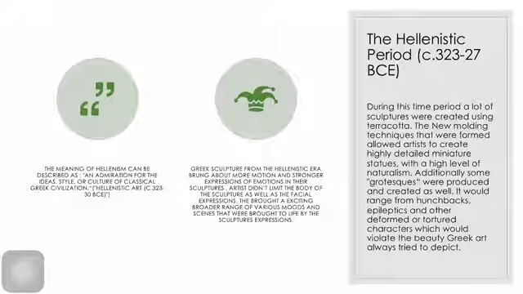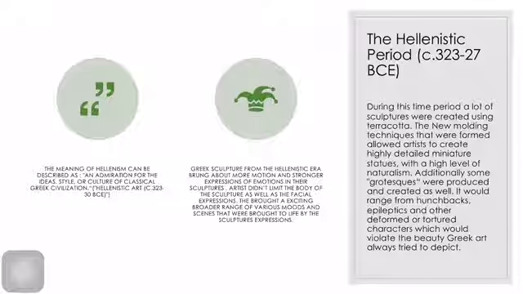But on top of that, they altered what Greek art was about, meaning it didn't just focus on the beauty of what society wants from its citizens and its leaders, but it also showed their fears.